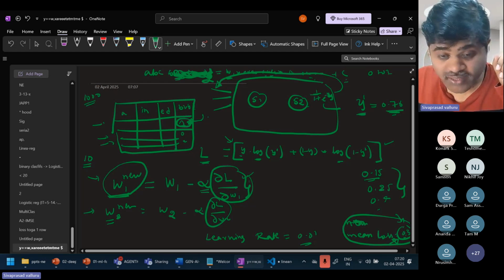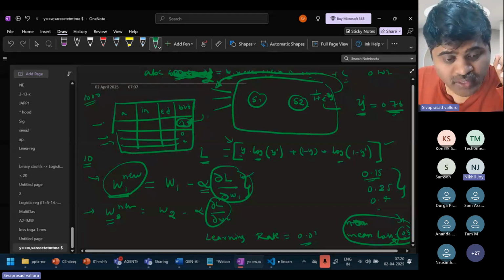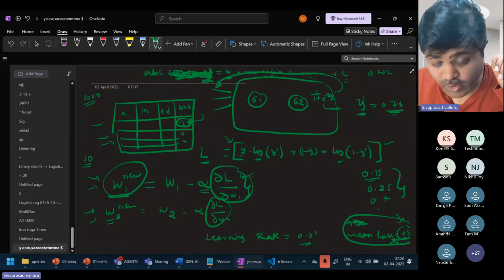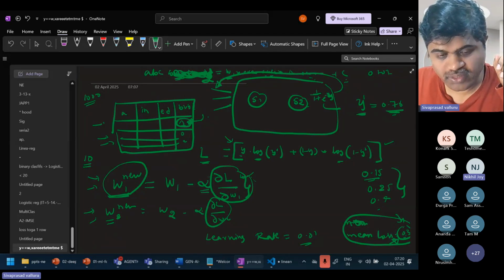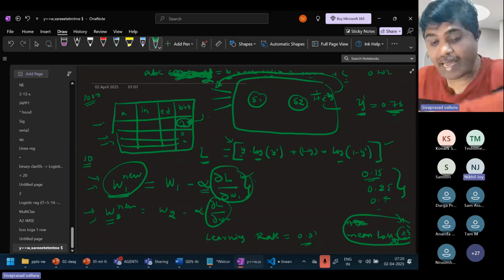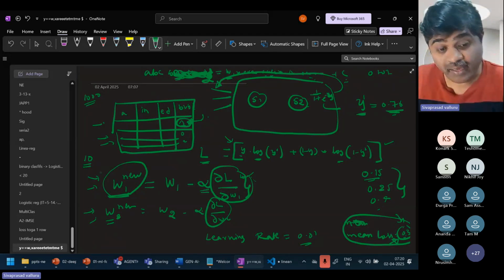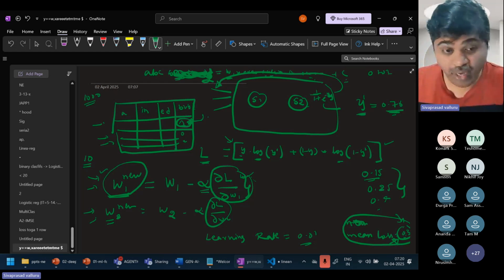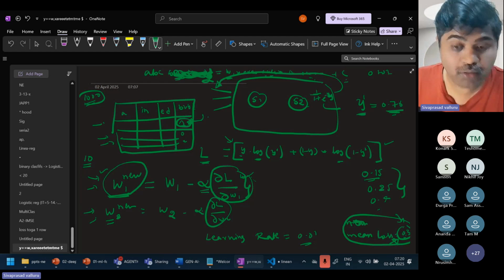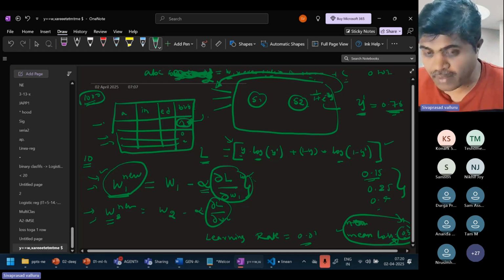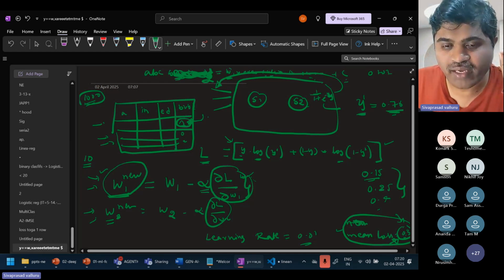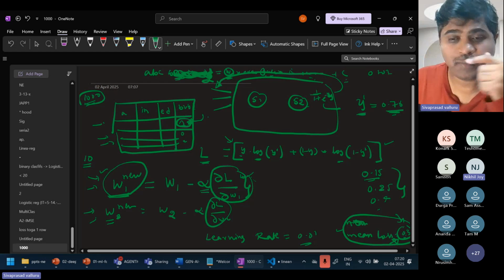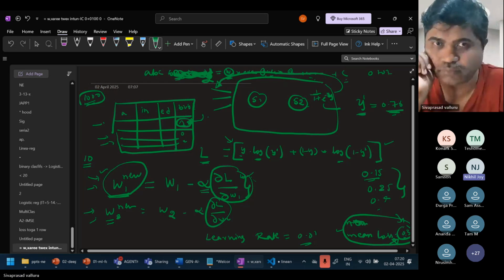Once you get the mean loss, it's back propagated. New weights are calculated based on the actual loss using some formula. So that means you're back propagating the loss and calculating the new weights. Like that, adjusting weights will go on and on. After maybe 1,000 iterations or so, when the loss becomes minimal, we'll finalize the algorithm, we'll finalize the weights W1, W2. Yeah, got it.